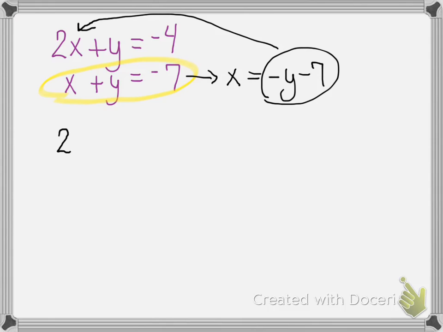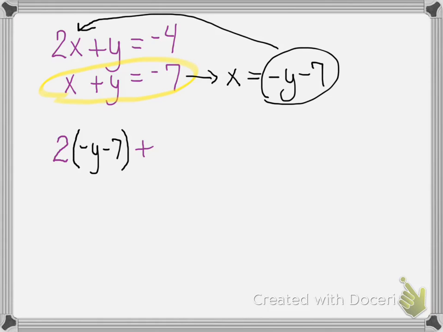When I put that black part in for x, I need to remember that it is sitting next to that 2, which means times 2. So I can't just write minus y minus 7. I have to write times quantity negative y minus 7. And I'm going to have to use some distributive property.